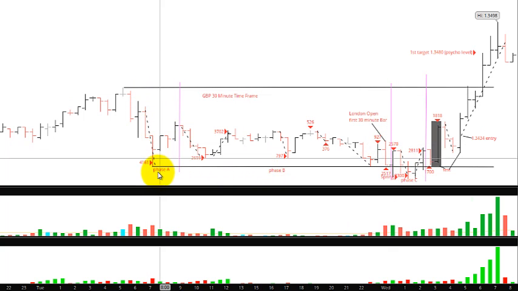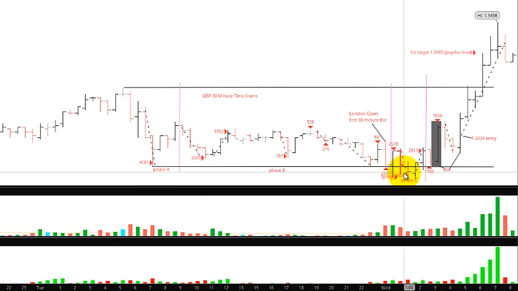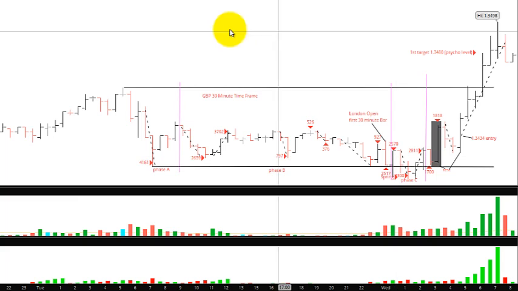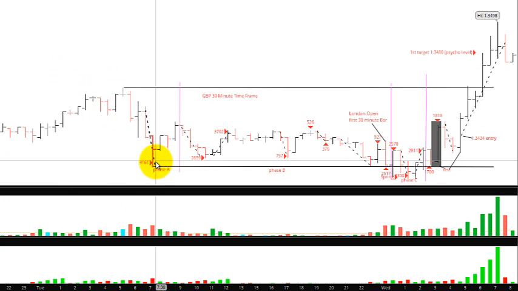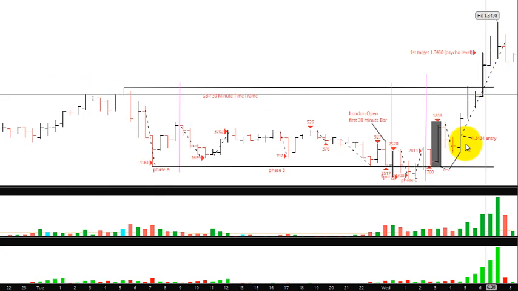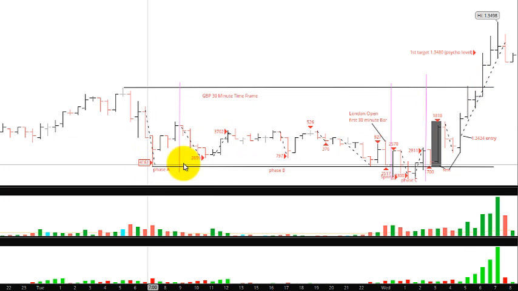And when you see me mark off these sections here, phase A, phase B, phase C, this is exactly what we're doing. And this is Wyckoff price structure. This is the price movement mechanism. If we're going to see a big break like we do today, relative to this time frame, we're going to see more activity at the lows as opposed to more activity at the highs.